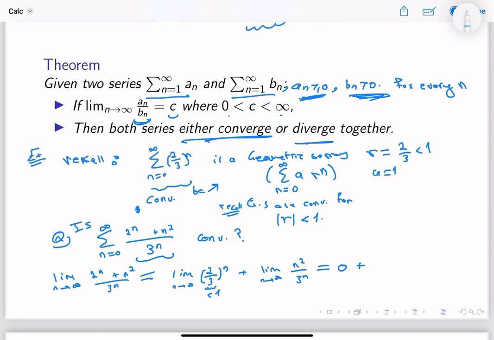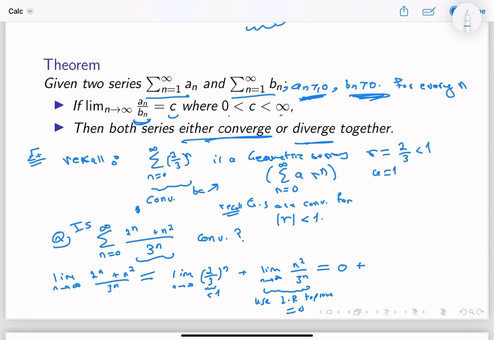Plus, now this other term is a bit of an ugly thing, and I guess you're familiar enough now to use L'Hopital's rule to prove this equals 0.